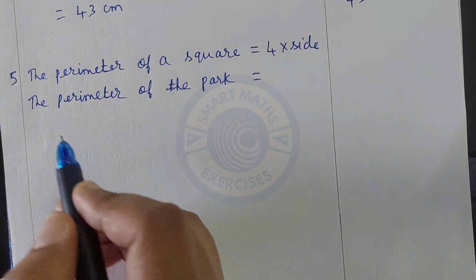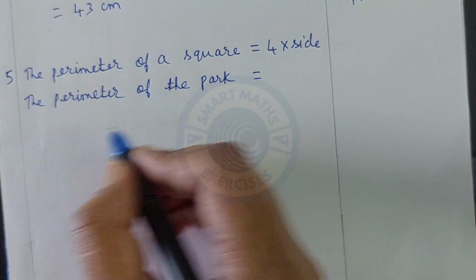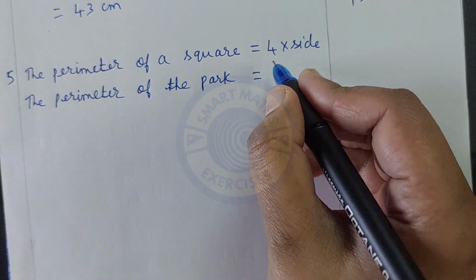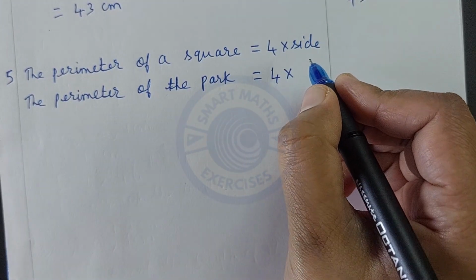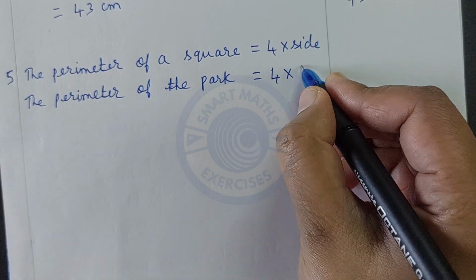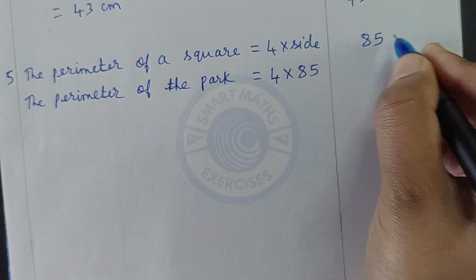Now we have to find out the perimeter of the park. We can find out by applying the perimeter formula 4 into sides. In the question they have given the side which is 85. Multiply 85 into 4.